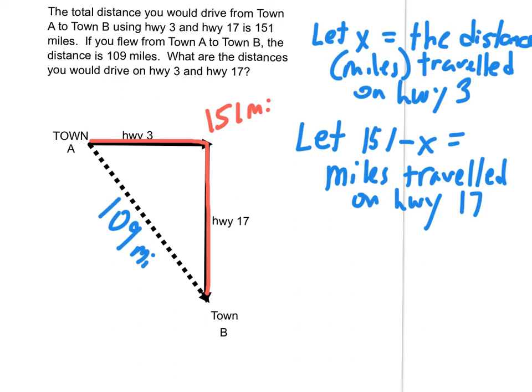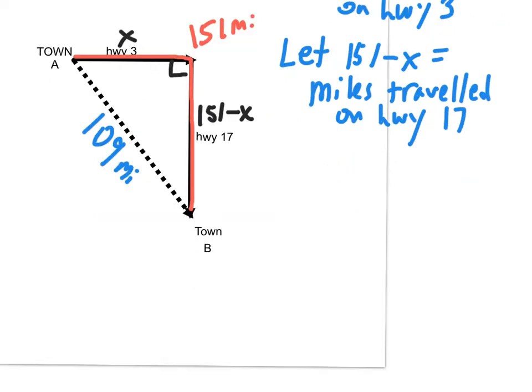So my equation, because I have a right triangle right here, we'll call this x and this 151 minus x. So use the Pythagorean theorem again. I'll go x squared plus (151 minus x) squared equals 109 squared.